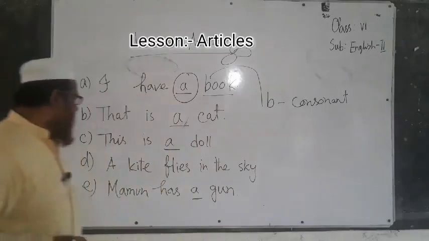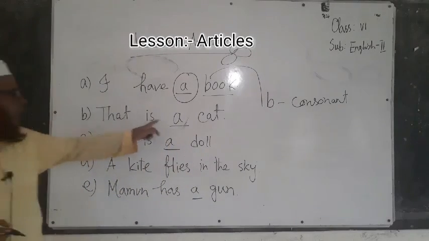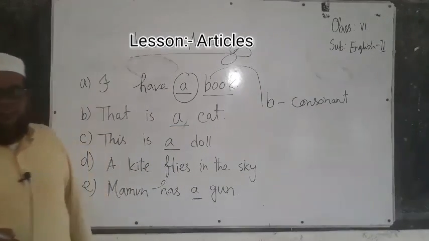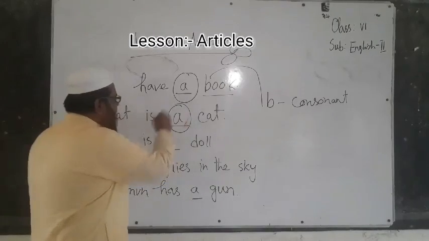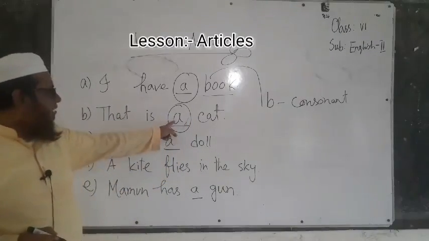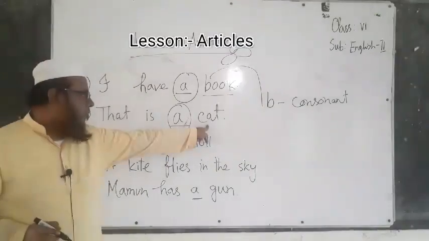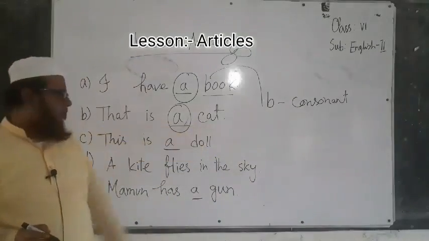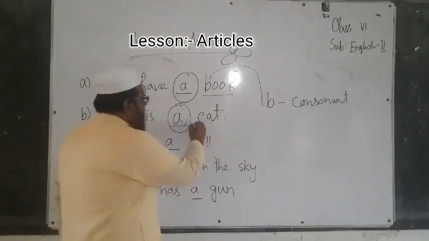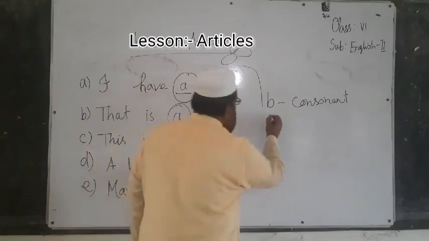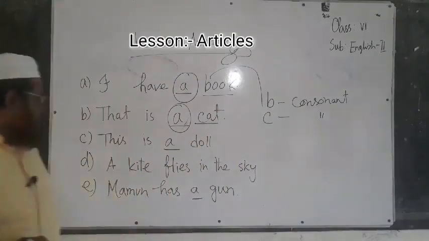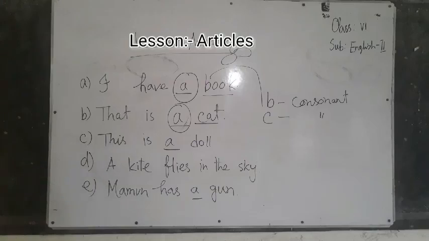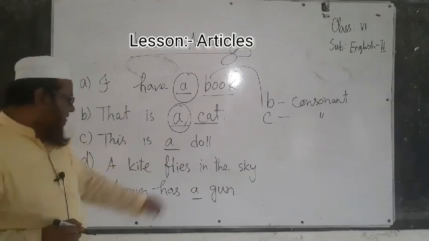In the second sentence, that is a cat. In this sentence, a is an article, and we use the article before the word cat. The starting letter of the word cat is C. It's also a consonant.